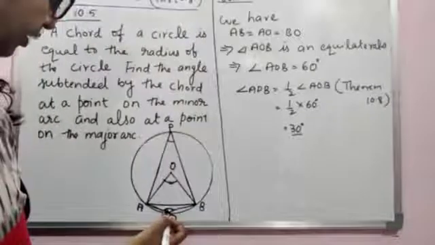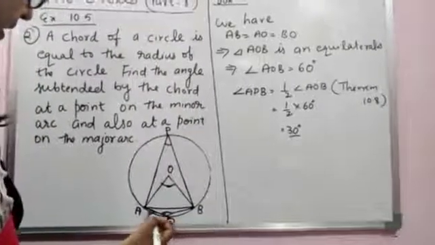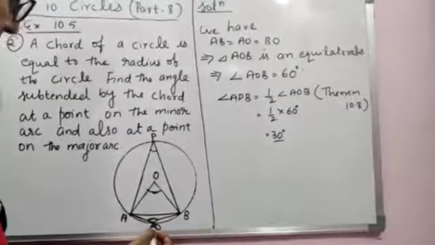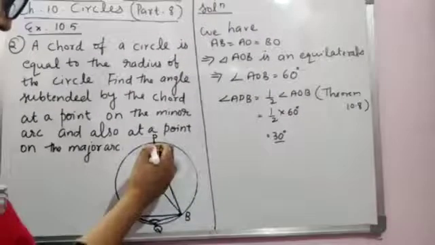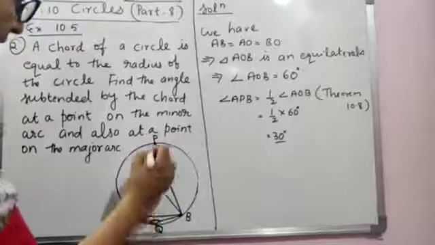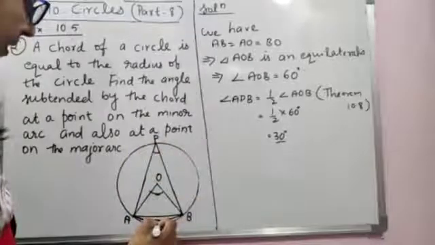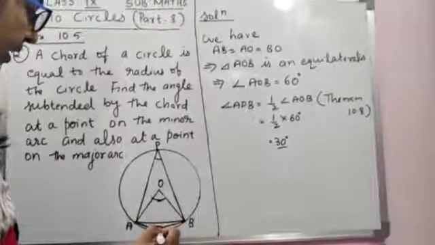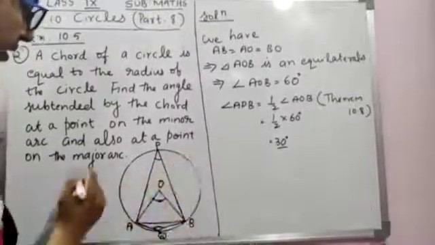Now you have to find this angle, that is the angle subtended by the chord AB on the minor arc. Now you know that quadrilateral APBQ is a cyclic quadrilateral because all 4 vertices lie on the same circle.